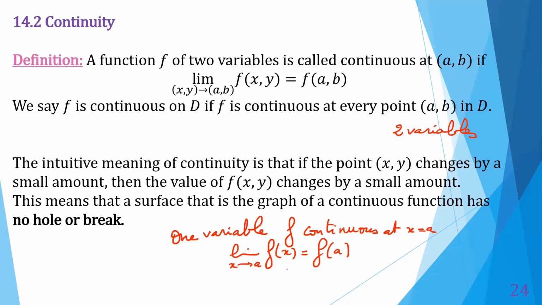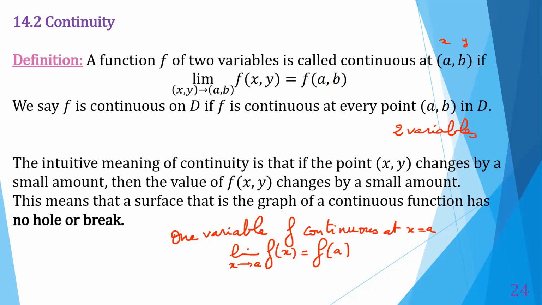The same idea holds for a function of multivariables. If you have two variables, so an ordered pair (x, y), we say that a function is continuous at a point (a, b), where a is the value of the first component x and b is the value of the second component y, if the limit of f of (x, y) when the point (x, y) tends to the point (a, b) is nothing else than the value of the function at this point.